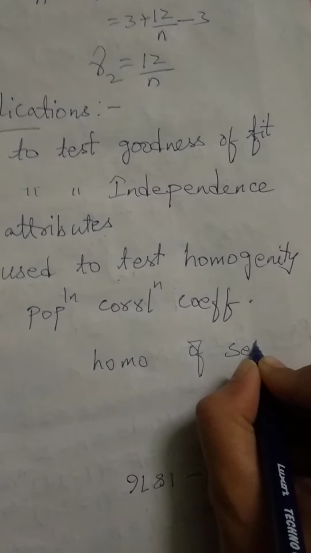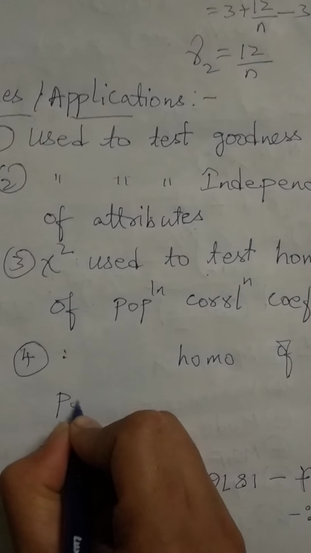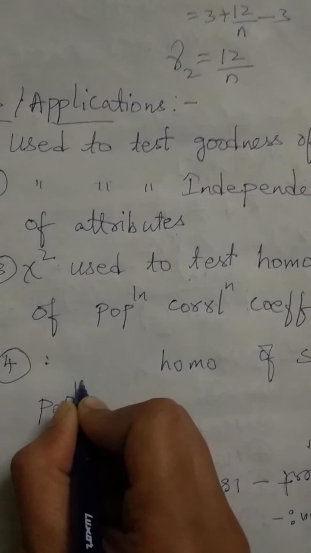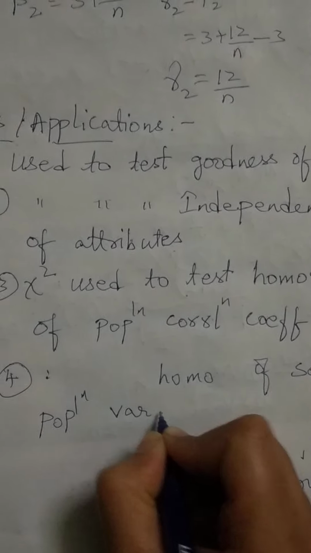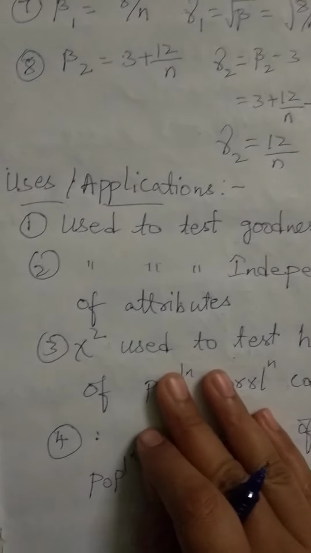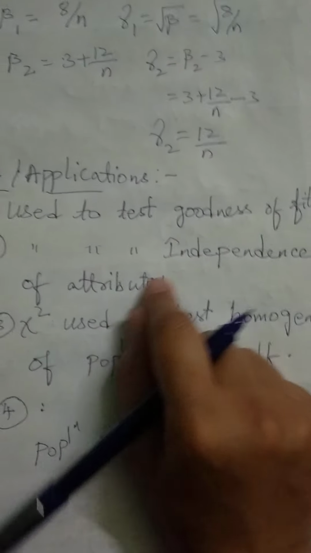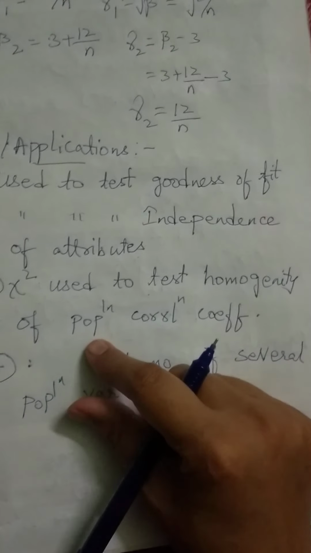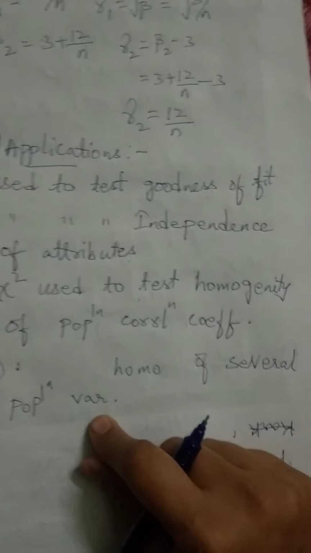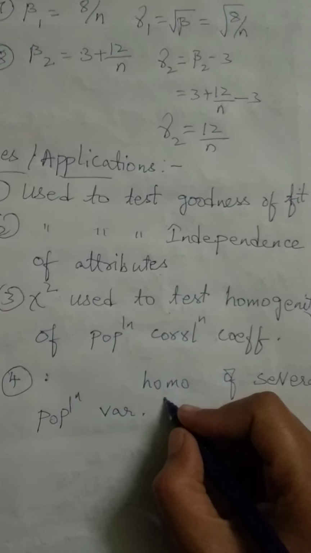Students, this is the answer: used to test goodness of fit, used to test independence of attributes, used to test homogeneity of population correlation coefficient, used to test homogeneity of several population variances.